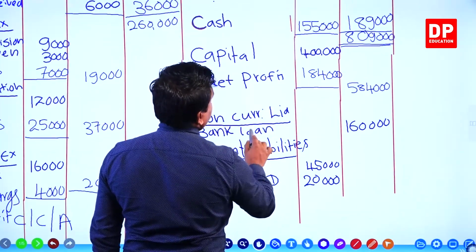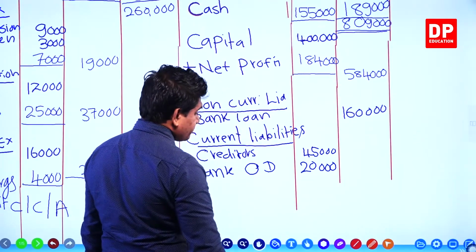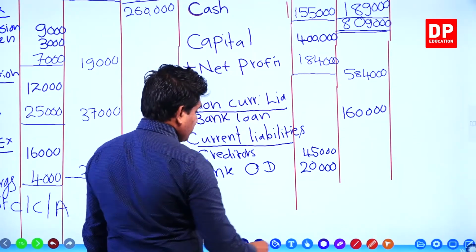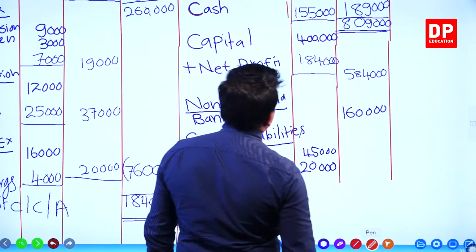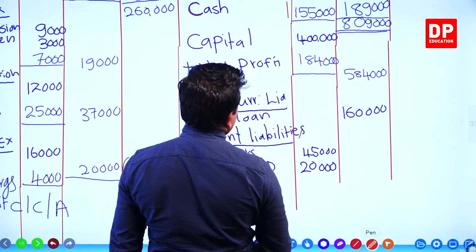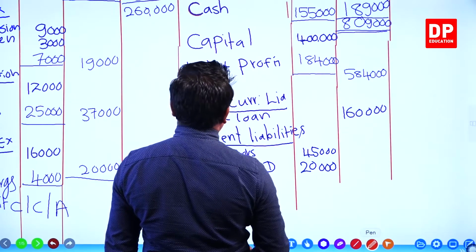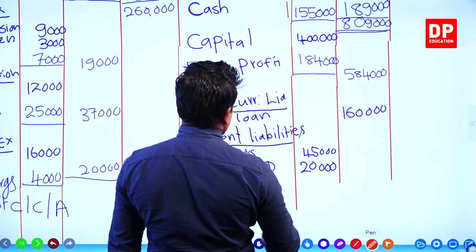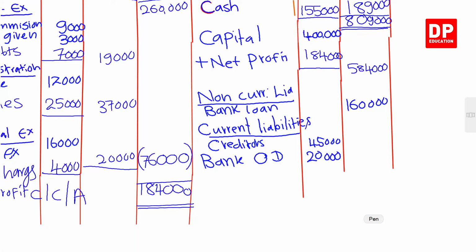The next side, right? Then you get here 584, then 160, here 20,000, then 65,000.